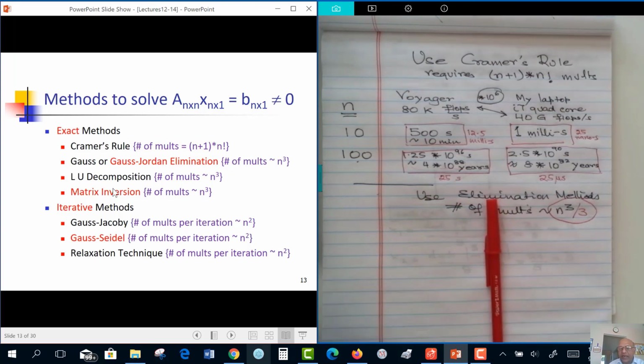You will see another category called iterative methods. In iterative methods, because they are iterative, number of multiplications required is n square per iteration. So that means if we converge in less than n iterations, these iterative methods become efficient or comparatively efficient.